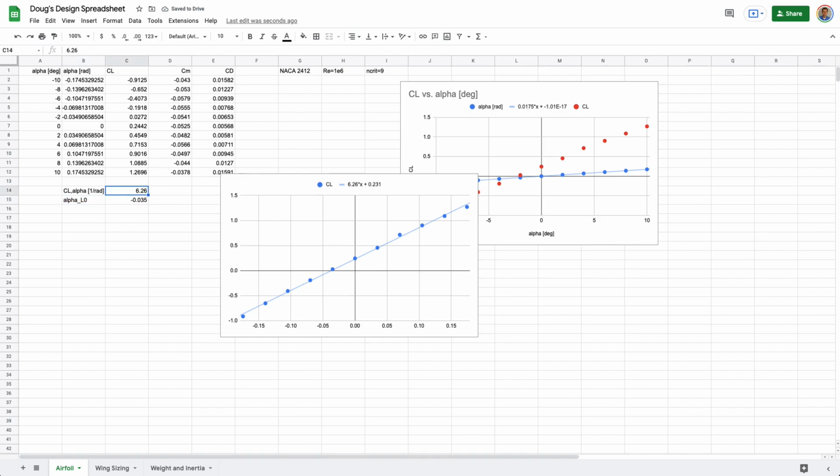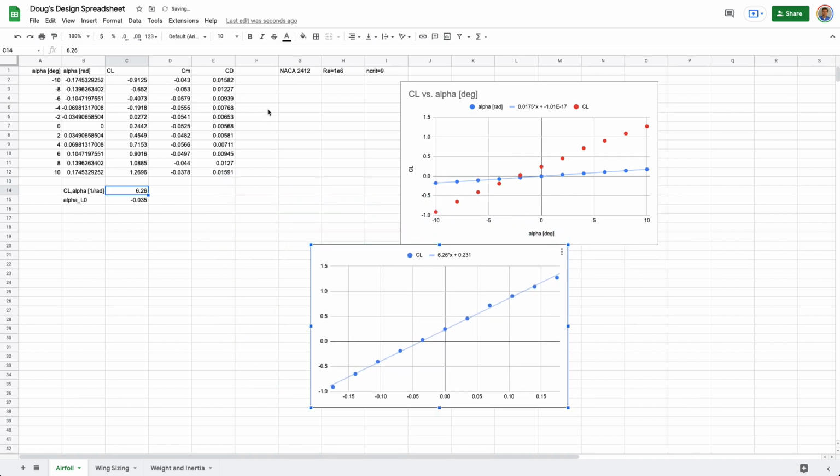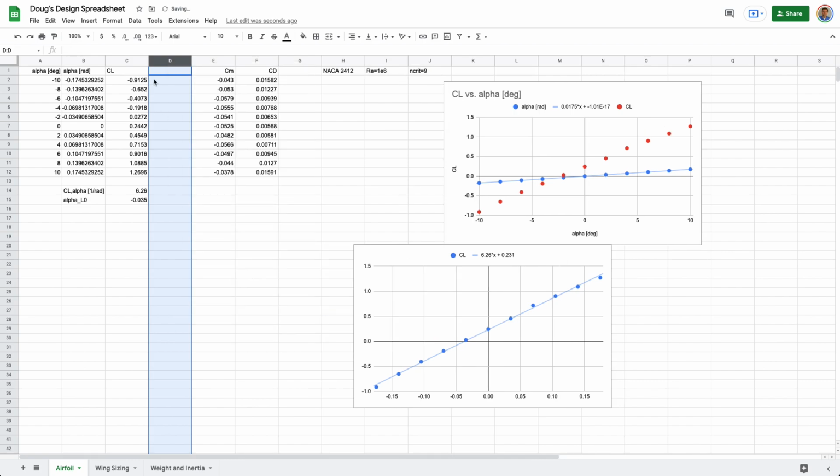With this bit of information now, we can predict the lift coefficient at any angle of attack. I'm going to insert a column here, and say this is the CL prediction from that equation.